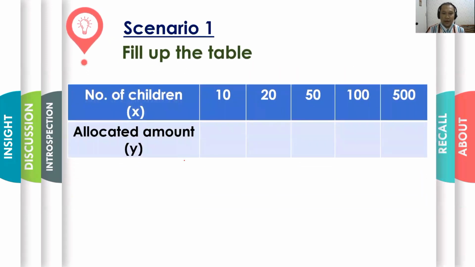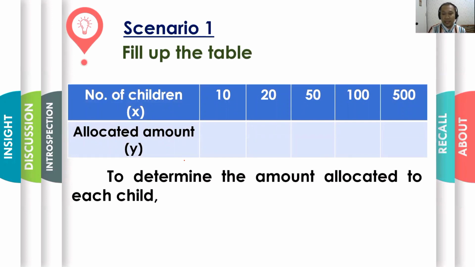Now here is the table. Suppose you are being asked to determine the amount allocated to each child. Therefore, if there are 10 children, each child is going to receive 5,000 pesos. Remember, we have 50,000 as our budget allocation.